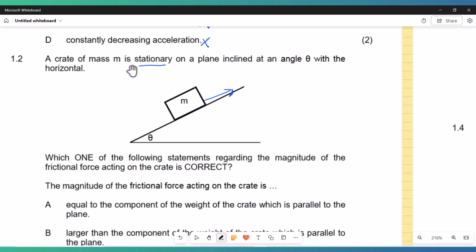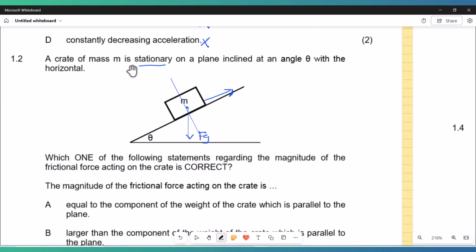This crate has a mass m, and because of this mass it has what we call the weight, which is our Fg, acting vertically downwards. This Fg has two components. One component is called Fg perpendicular, which is always exactly opposite the normal force.